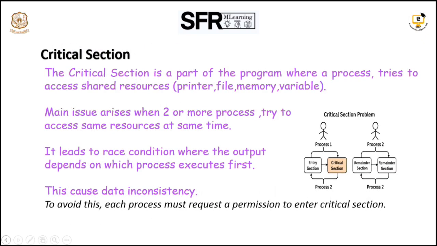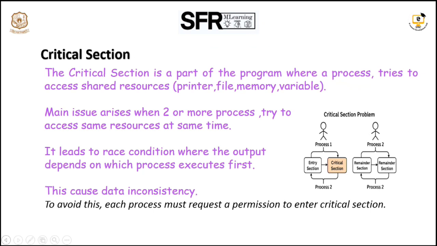The critical section is a part of the program where a process tries to access shared resources such as printer, file, memory or variable. The main issue arises when two or more processes try to access the same resources at the same time. For example, if two students want to take printout of a document and they use the same printer, obviously one student has to wait till the other one takes the printout.